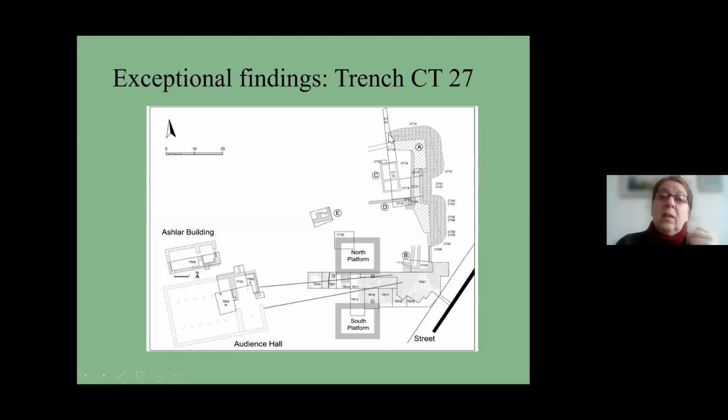It's not so much a defending feature, rather imitating the entrances and defending walls of the main fortification wall, perhaps to impress visitors, because here is the entrance to the palace.